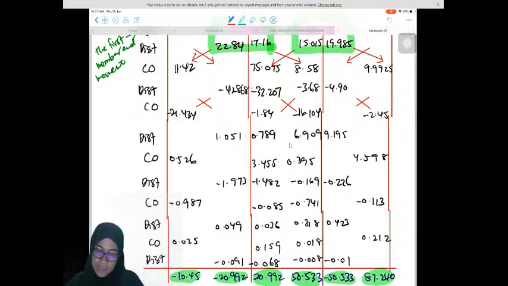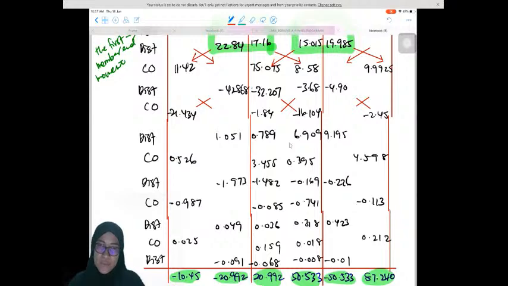So it is negative, positive, and negative, positive. I repeat again, it is negative, positive, negative, positive. This time I want to show you how to draw the bending moment diagram in simple steps.